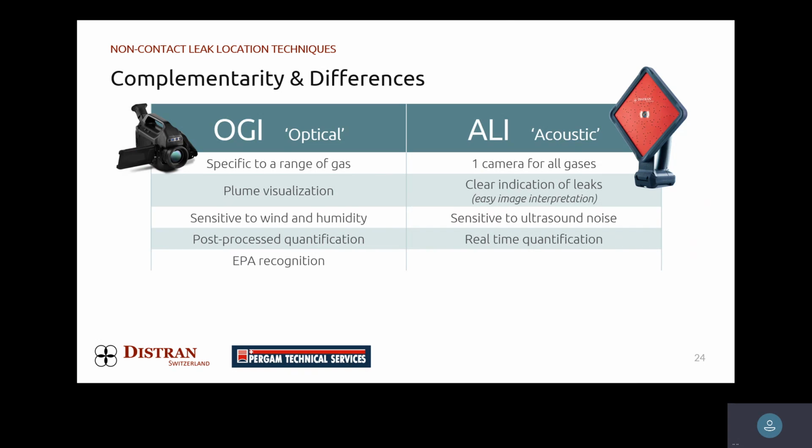So here is, generally speaking, just a short overview for you regarding the differences and the similarities between acoustic and the OGI and so on. You're familiar with OGI, we have a plume presence there, a visualization, and then we have indication and real-time quantification.